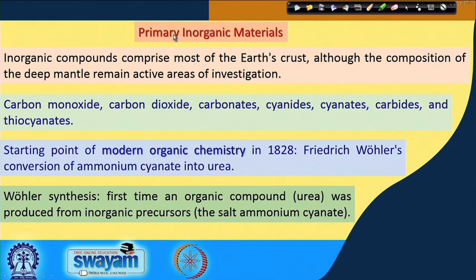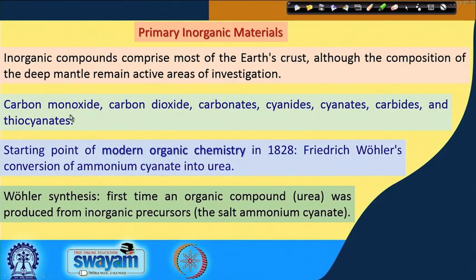We will follow the primary inorganic materials, the different inorganic compounds we can have. Not only these gases, but we can also have carbon monoxide, the different carbonates, cyanides, carbides and thiocyanates.